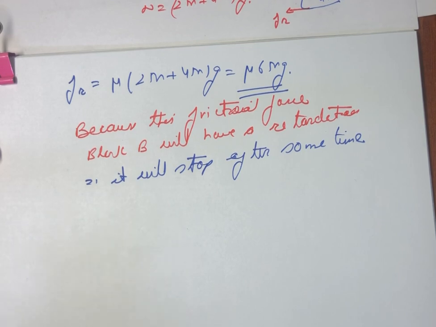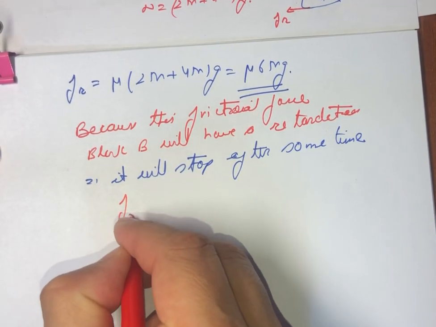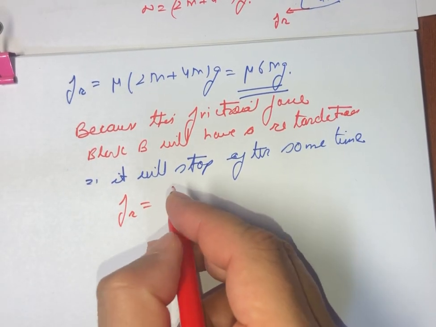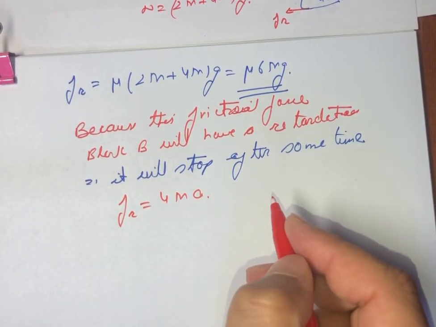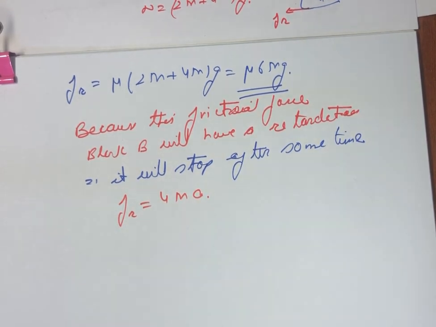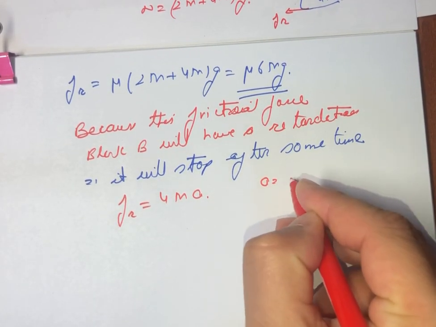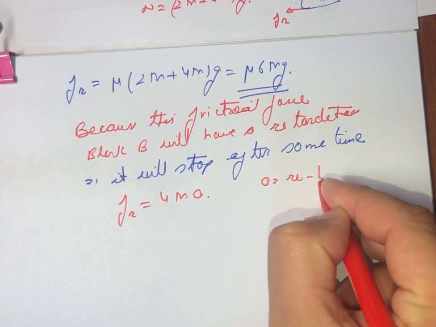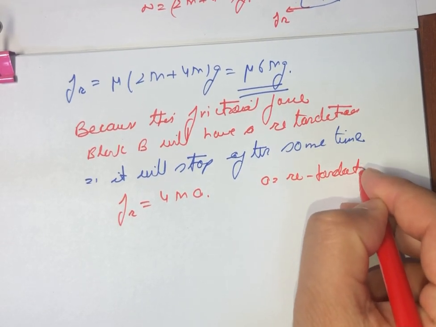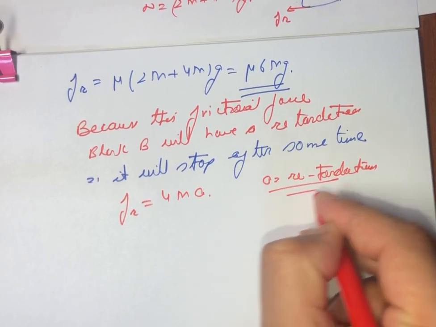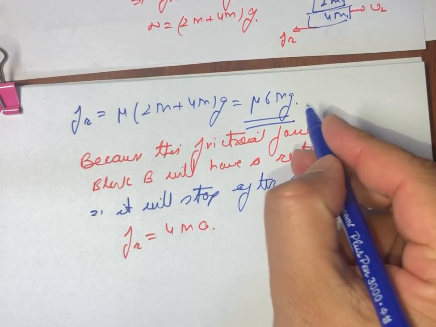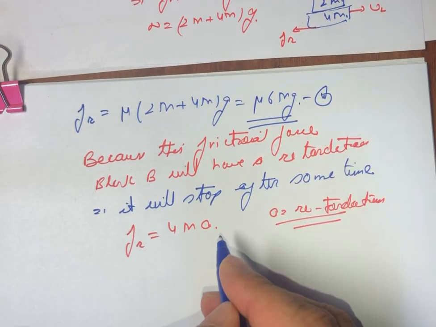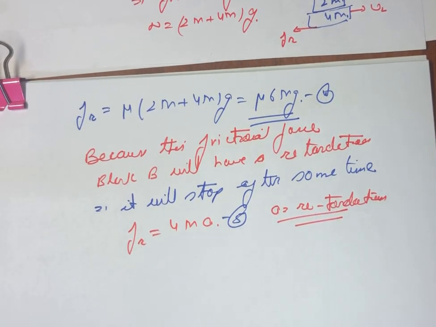Therefore, we can use the equation that Fr will be equal to mass times acceleration, where this acceleration is nothing but retardation, where a is equal to retardation. So we have two equations for Fr. Let us call this equation number 4 and this equation number 5.